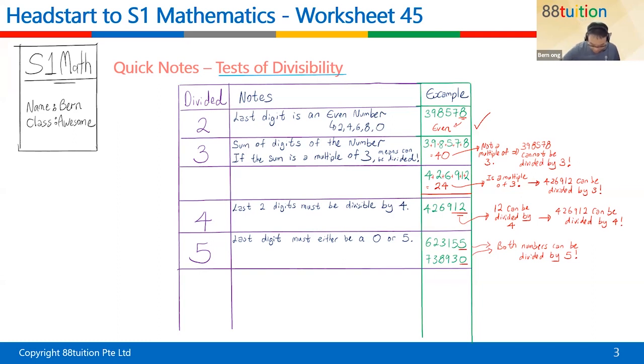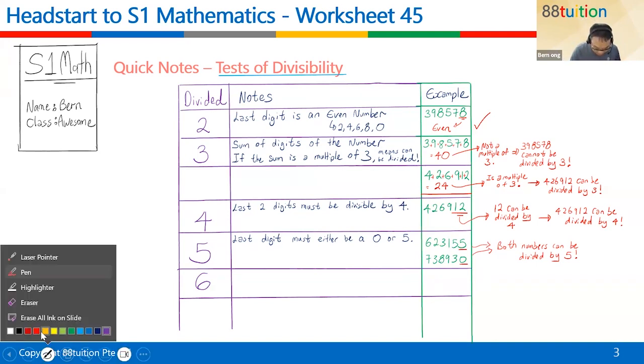So how about if a number is divided by 6? We do a couple more. Whether a number can divide by 6, you have to follow 2 sets of rules, because 6 is actually made up of the 2 timetable and the 3 timetable.